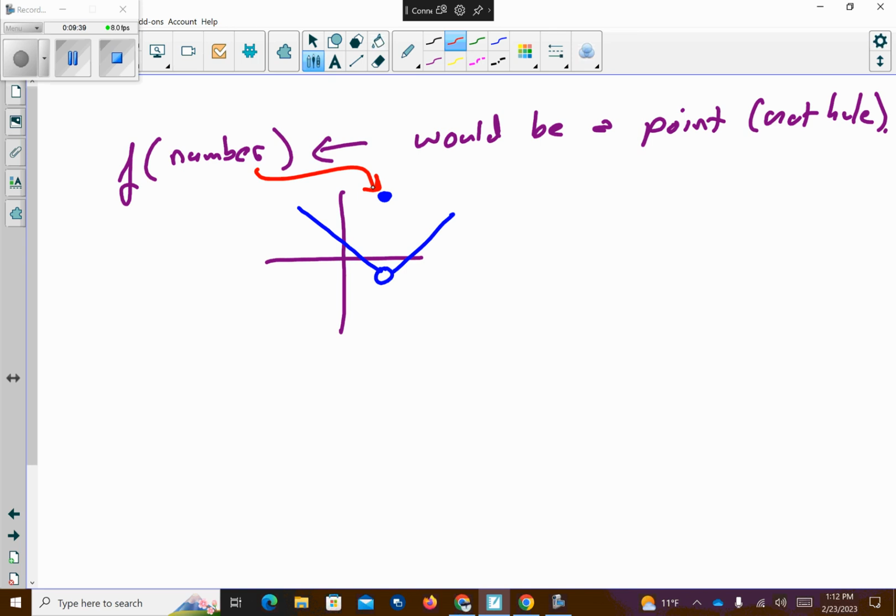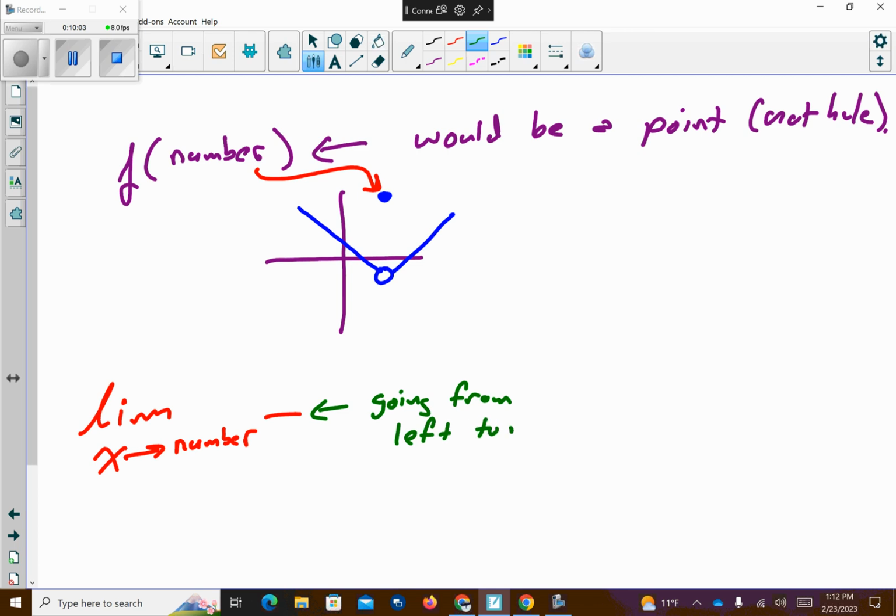Okay, so if I see the limit as x approaches a number and it's raised to the negative power, this means going from left to right to figure out what the limit is.